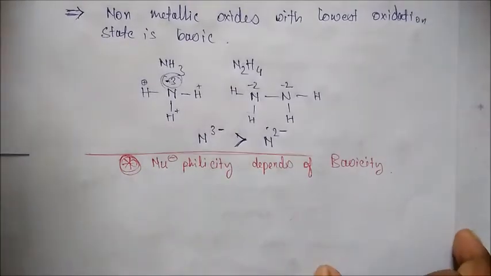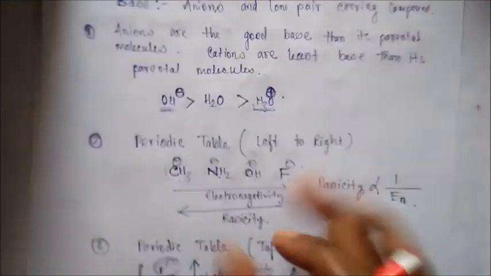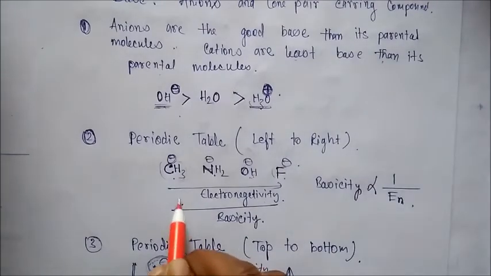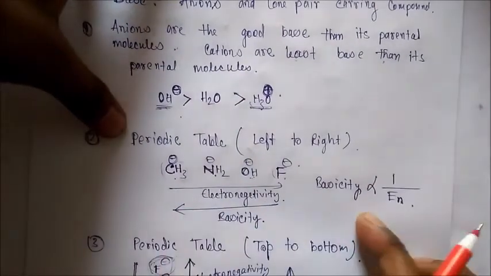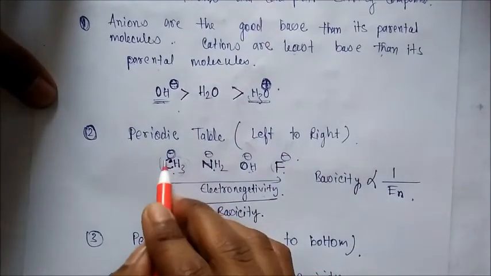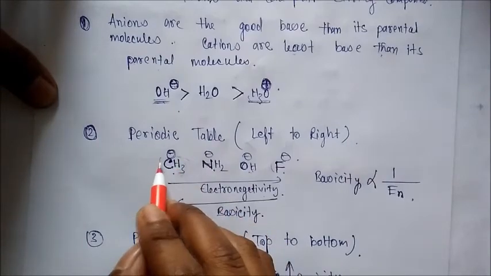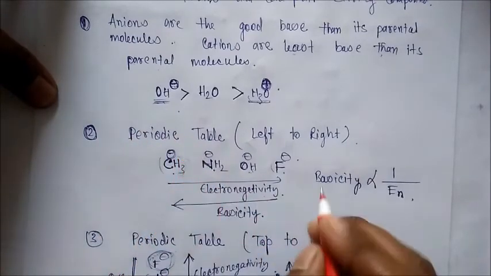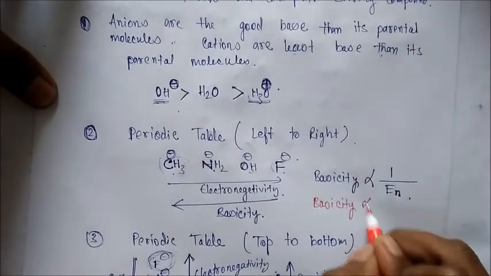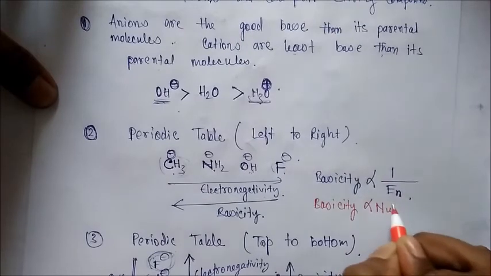For this, I will go back to the periodic table point that was here. In the periodic table, from left to right, basicity was decreasing in this way, it was increasing in this manner. So if we see the nucleophilicity here, this has the higher nucleophilicity because it can give to others easily. So here basicity will be directly proportional to nucleophilicity.